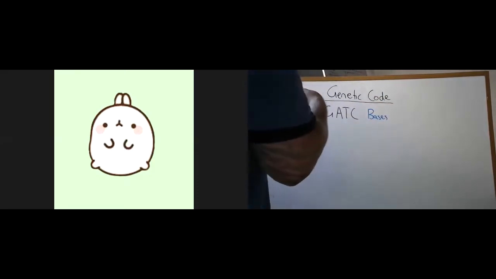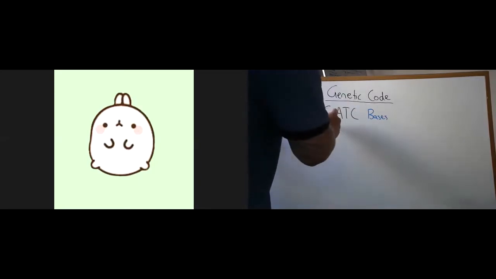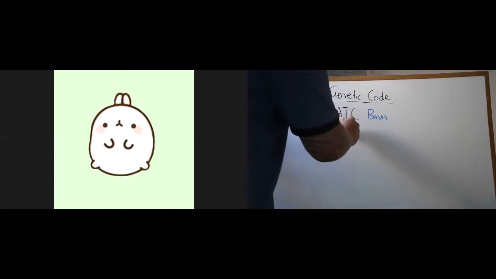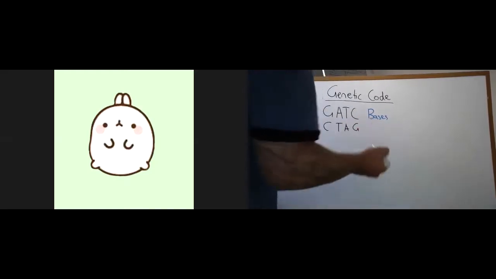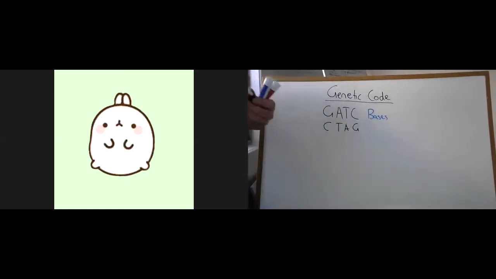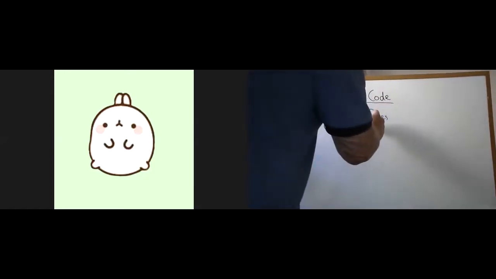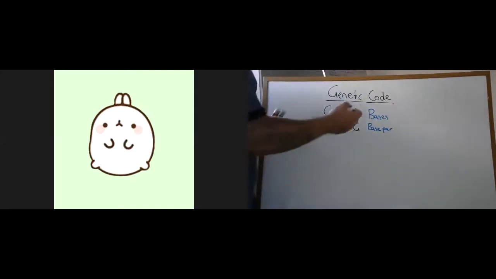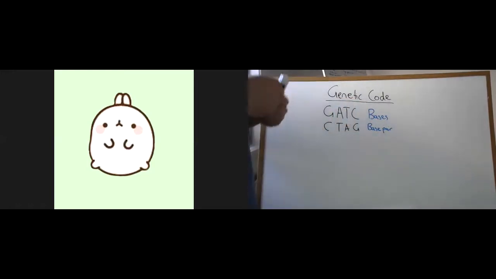And these come in base pairs where G binds to C. So this is called a base pair. So these are bound together in base pair.